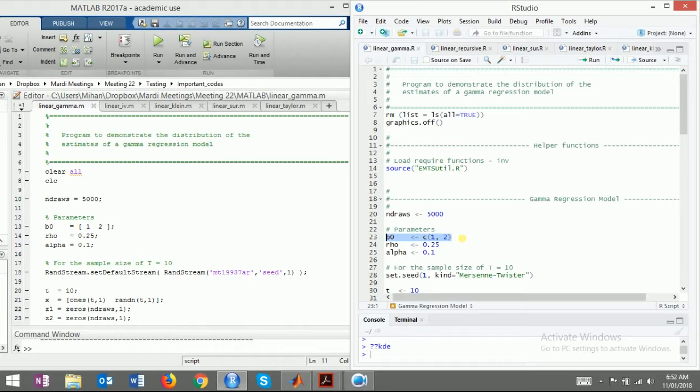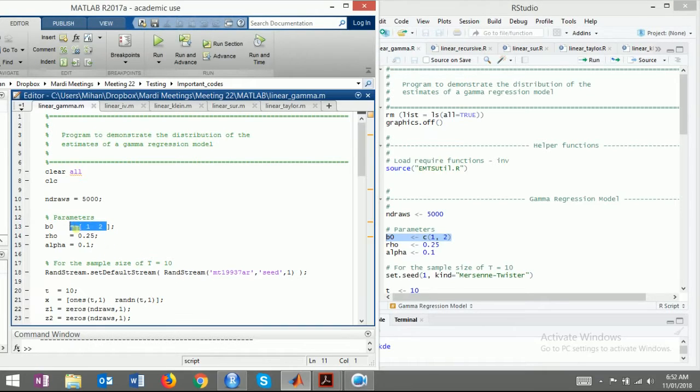Rho is given to us. Do you recall that in MATLAB you have third brackets, in R most of the things are done in first brackets? Third brackets are only in a loop, and the functions go into the second brackets. Always remember that, very easy to remember. Rho is given to us, alpha is given to us.